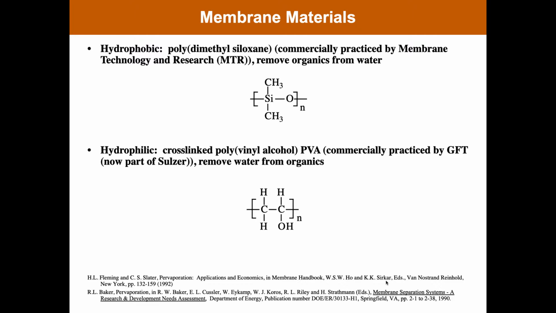It is very hydrophobic, and so it will remove low concentrations of organic from water efficiently. On the other hand, cross-linked polyvinyl alcohol, or PVA, is a hydrophilic membrane material. It is used to remove water from organics.